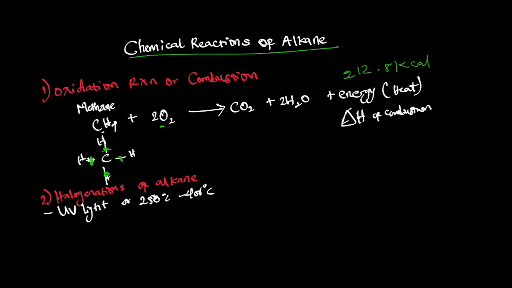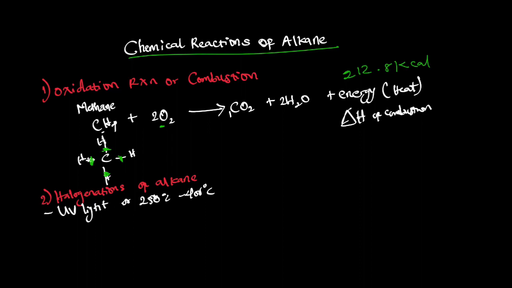Chlorine converts alkane to chloroalkane, or alkyl chloride, and bromine converts alkane to bromoalkane, or alkyl bromide. Whenever such a reaction takes place, an equivalent amount of HCl or hydrogen bromide is formed at the same time. Depending on which hydrogen is replaced, any of a number of isomeric products can be formed.